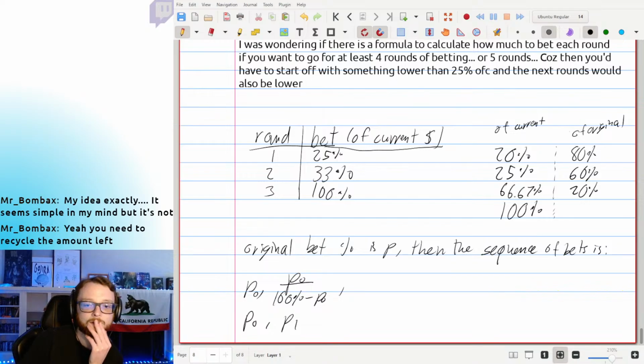So I maybe need to do like 100 minus P1 in some way to get the amount remaining in round two.